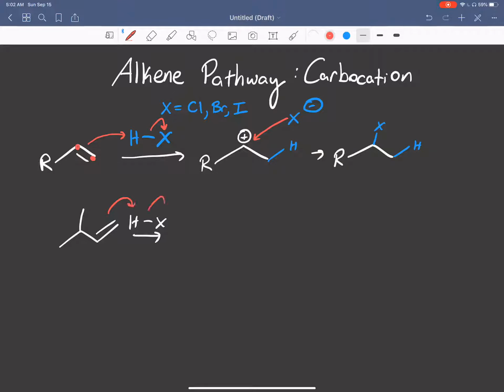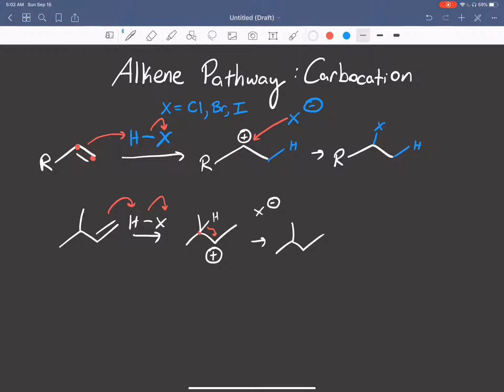It's going to come in and attack that, so we get a carbocation on the more stable, more substituted carbon, and our halide will be right there. If we look at the carbons adjacent to it, the carbon on the left has a hydrogen over here, and if we move it, we'd have a tertiary carbocation. So we start the arrow from the bottom, and it goes to that carbon.